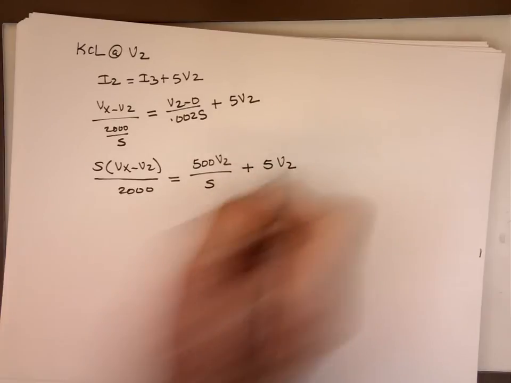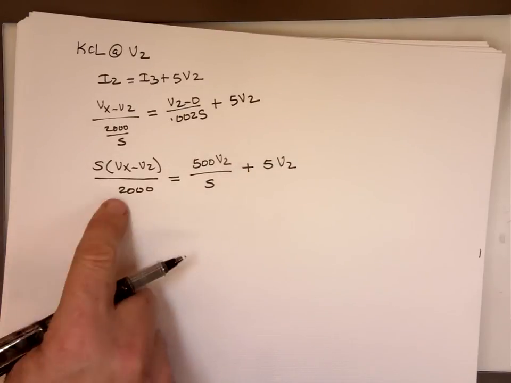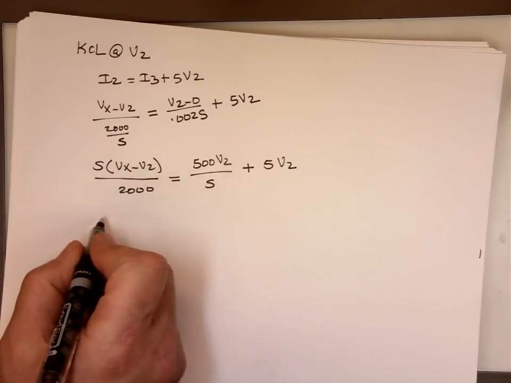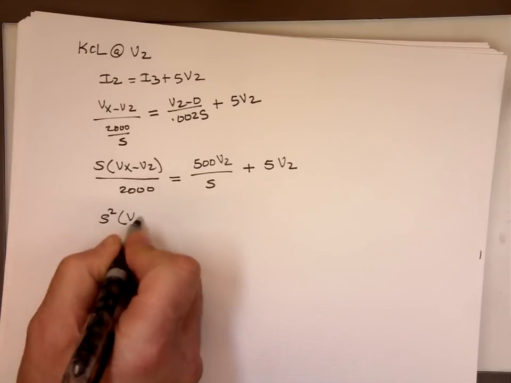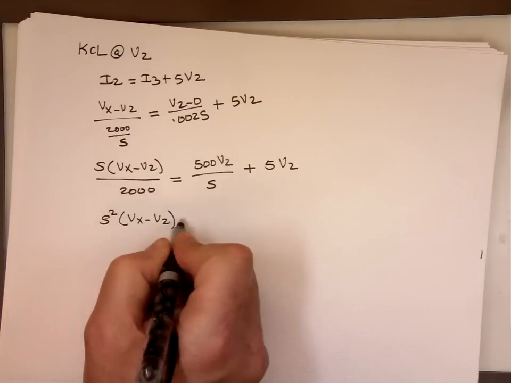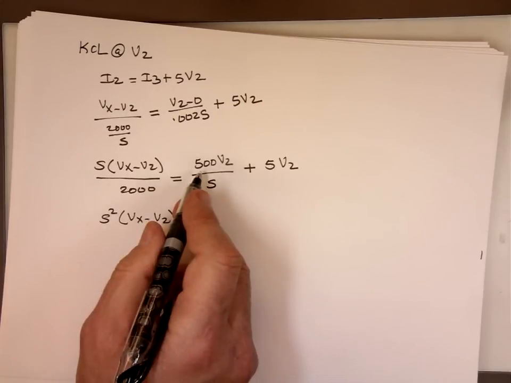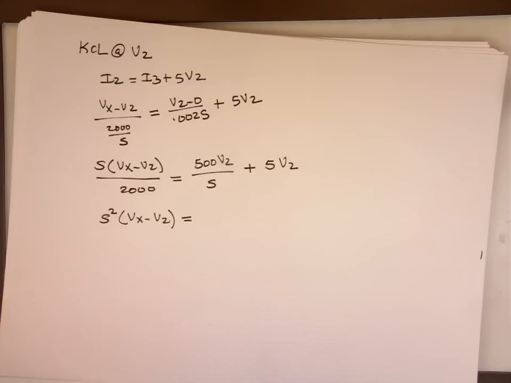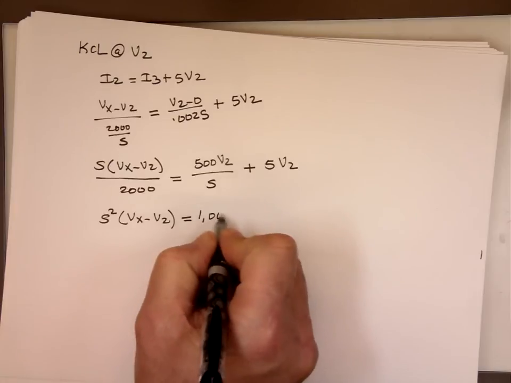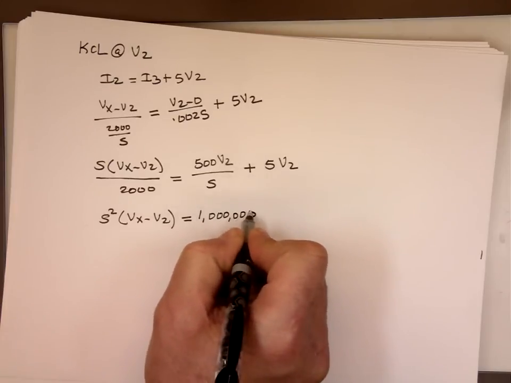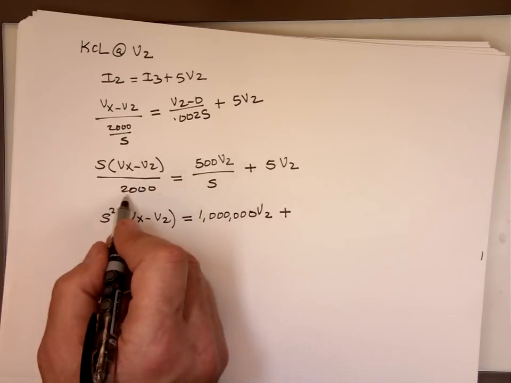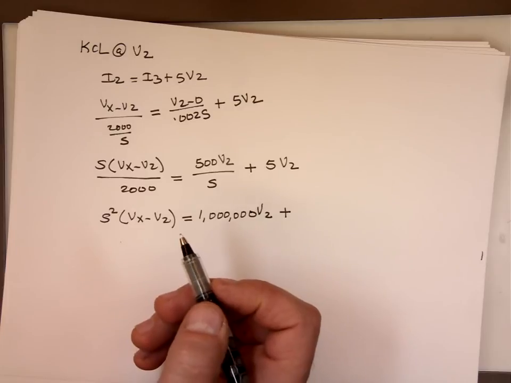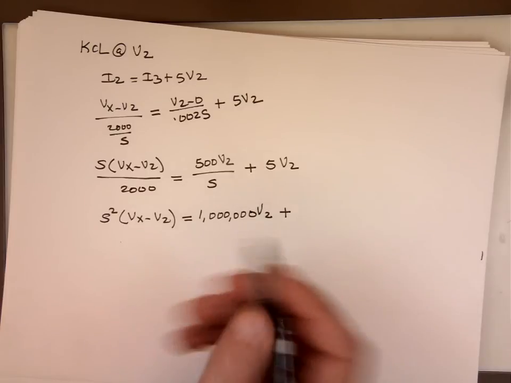Again, your LCD is 2000S. So if I multiply by 2000S, you will have S squared times Vx minus V2. 2000 times 500 is 1,000,000 V2. 5 times 2000, what is 5 times 2000? Is that 10,000? S V2.